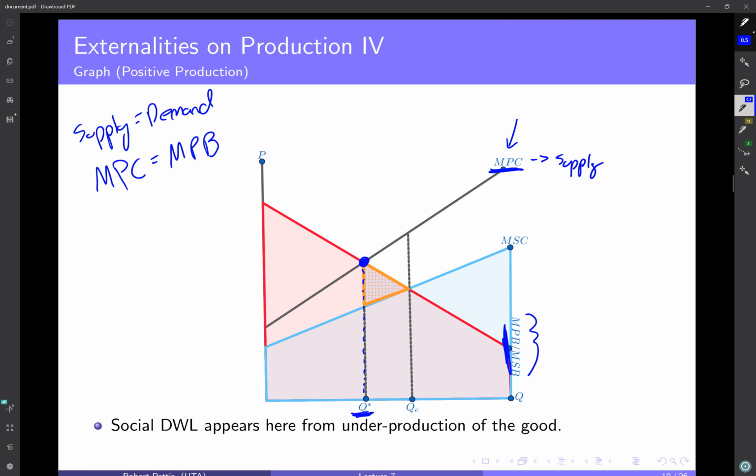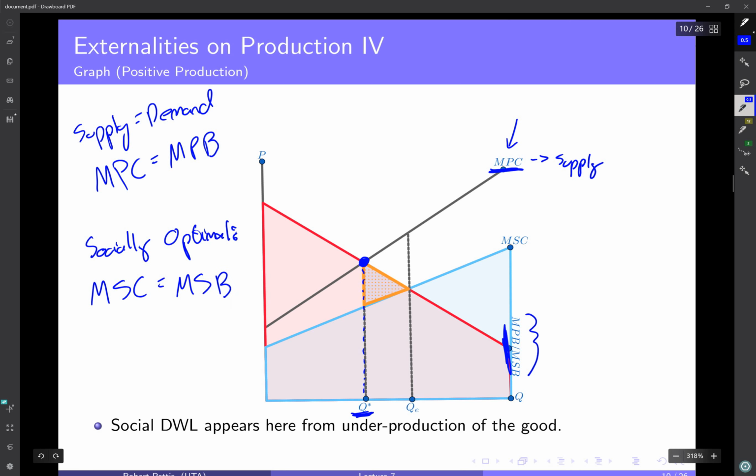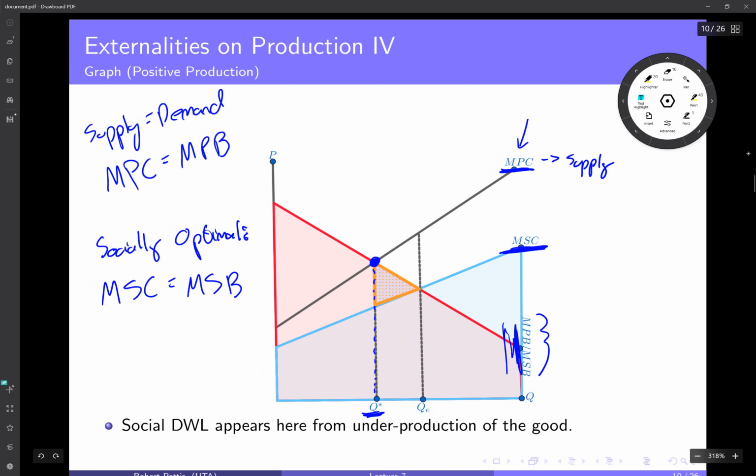But what is our socially efficient quantity? Well, again, that's where it's socially optimal, where marginal social cost equals marginal social benefit. Marginal social cost is right here, and our marginal social benefit, again, is the same demand curve. So that's going to come together right here.